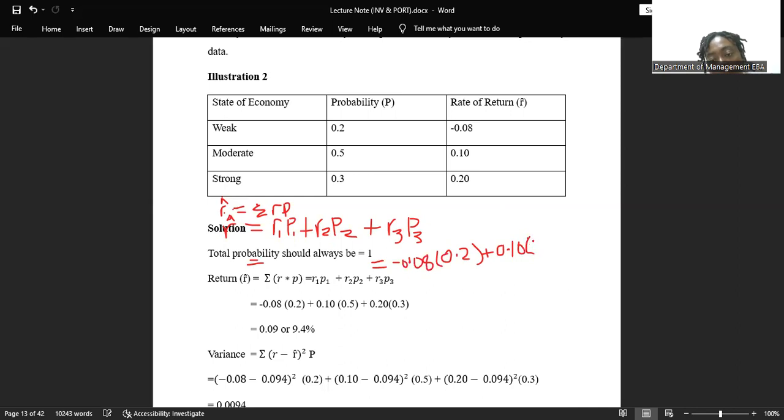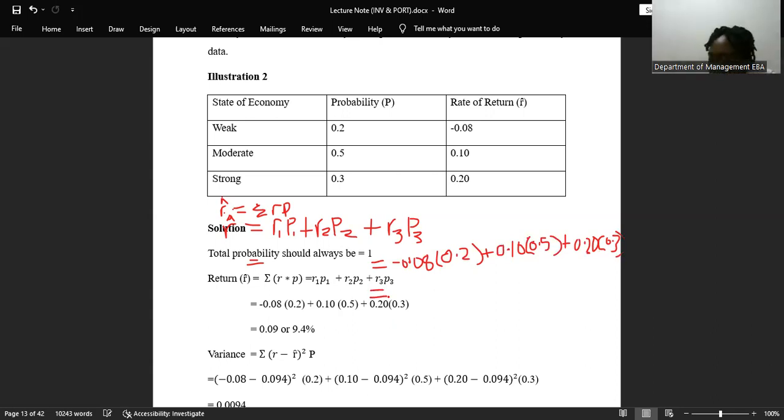This one, 0.5. Plus the next one is what? Strong. The rate of return for strong is what? R3 is what? 0.20 times, in our bracket, 0.3, close our bracket. Okay, so what are we getting?